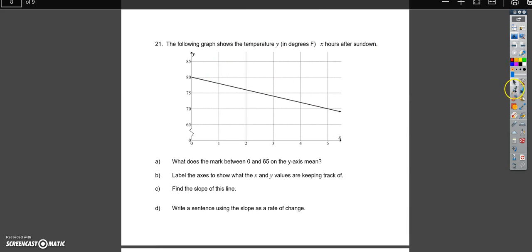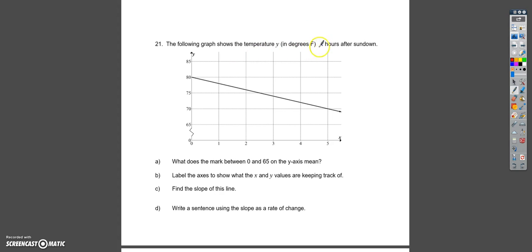So the following graph shows the temperature in degrees Fahrenheit after x hours of sundown. What does the mark between 0 and 65 on the y-axis mean? That's a break saying that we're just cutting off part of the data, just making the graph smaller.